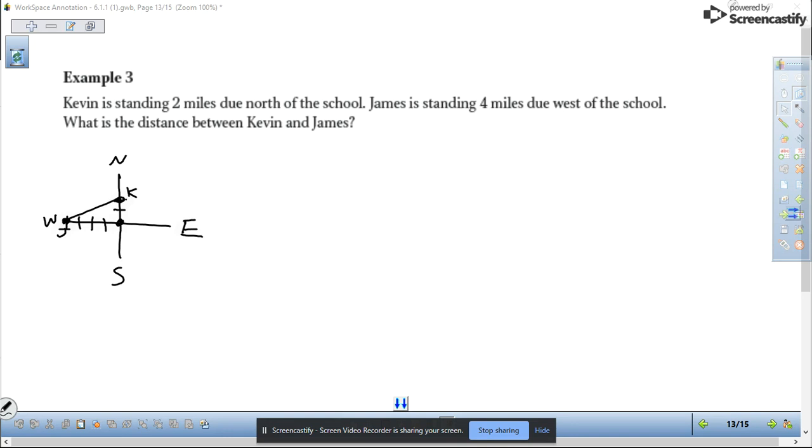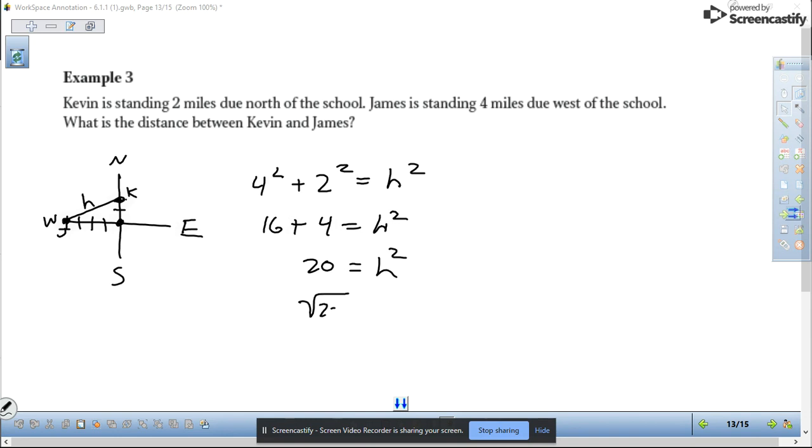So we're talking about 4 squared plus 2 squared equals h squared, because this is my h. How far apart are they? That's 16 plus 4, which is h squared. So we're talking about the square root of 20. Square root of 20 doesn't mean anything unless we simplify it.